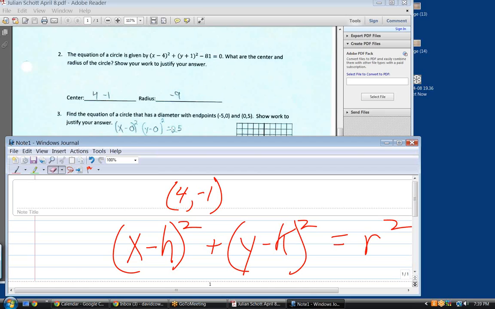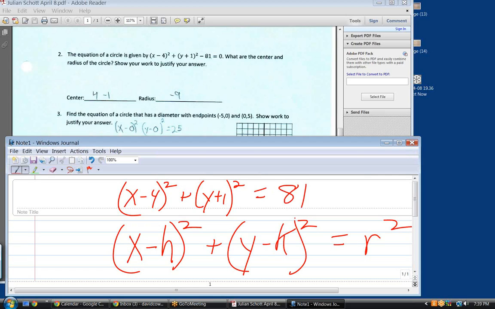You got it, 9. But it's not -9. In other words, if I complete this equation, it's (x minus 4) squared plus (y plus 1) squared equals 81. I move the 81 to the other side so it becomes positive. Well, that's r squared.